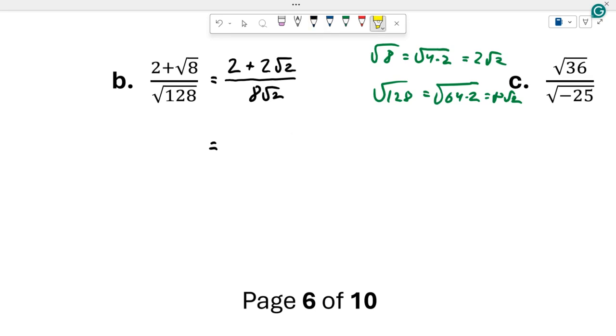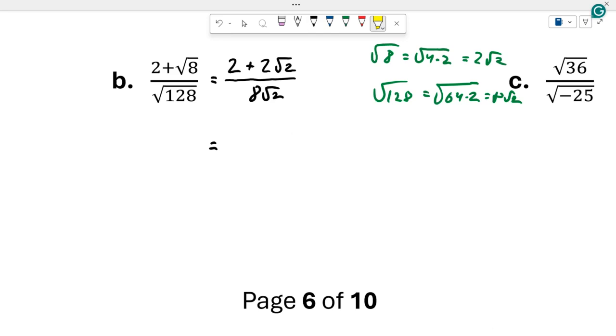So what I mean by that is this term has a factor of 2. It is 2, so it has a factor of 2. This term has a factor of 2 because it's right there in the front. And then this has a factor of 2 because 8 has a factor of 2. So all 3 terms have a factor of 2 in them. So what that means is I can divide out a 2 from all of them.